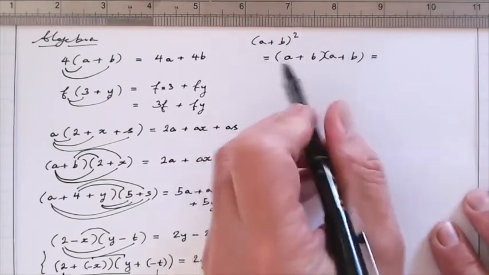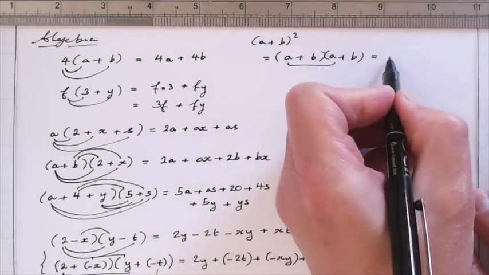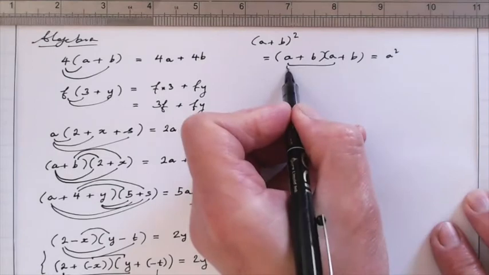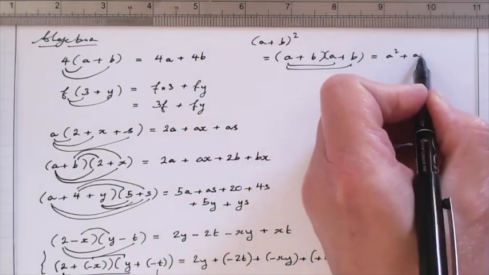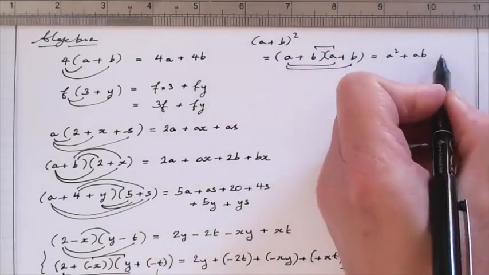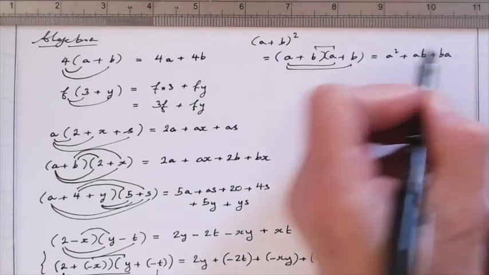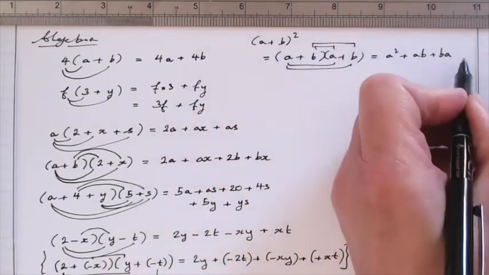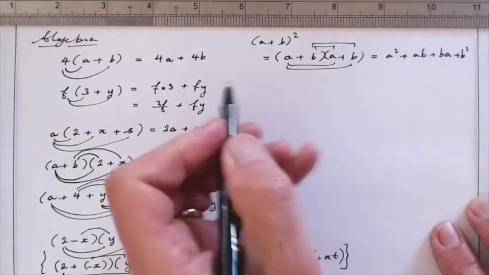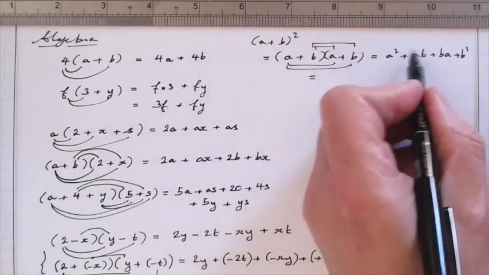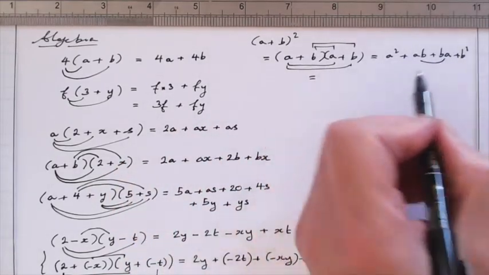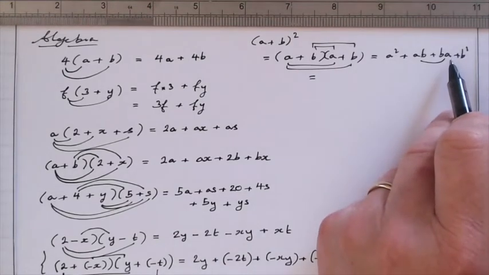And if we just multiply this out, we have a times a is a squared, a times b, plus b times a, and finally b squared. And so finally we can combine these two terms together, because b times a is the same as a times b.